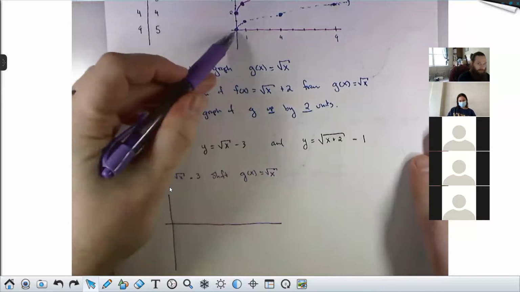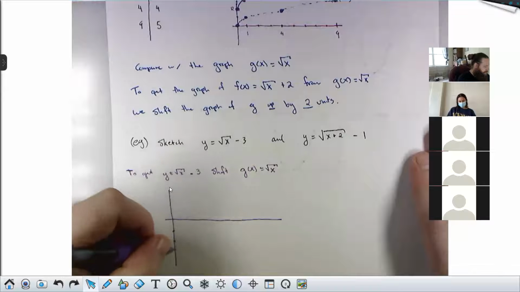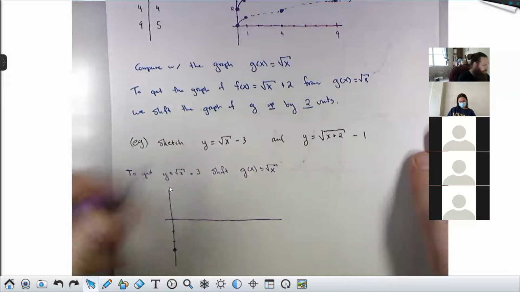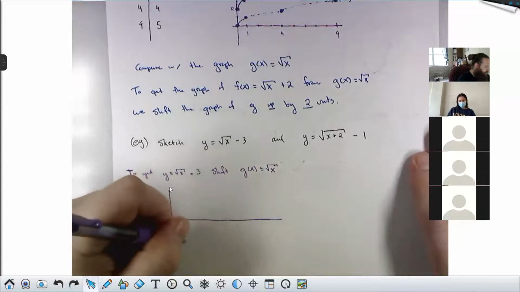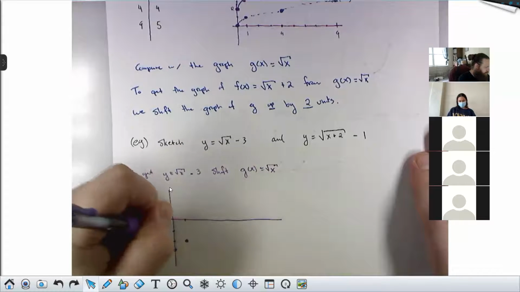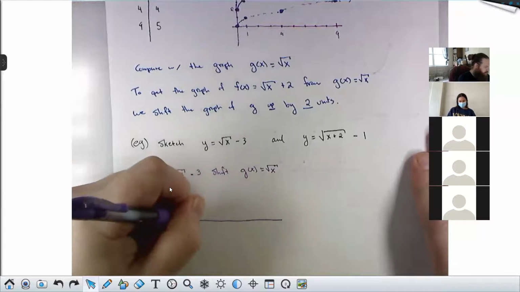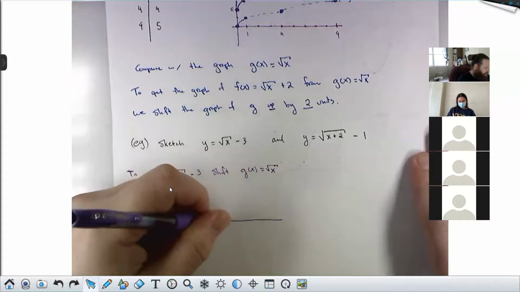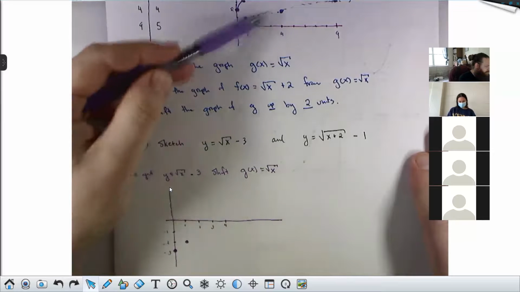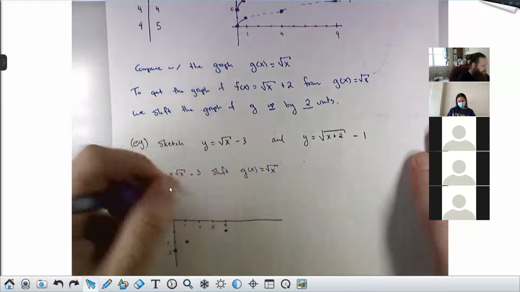So (0, 0) is going to go down to (0, -3). (1, 1) is going to go down to (1, -2). (4, 2) is going to go down to (4, -1).